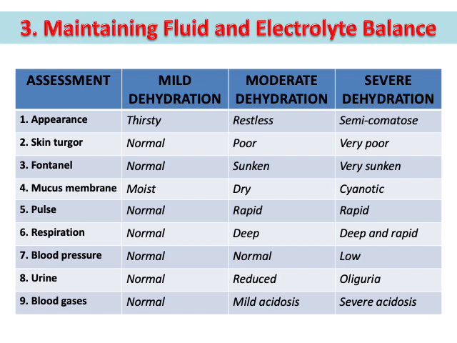Another thing to consider is checking for any signs of dehydration. So please try to study this table whether a child is developing signs of mild, moderate, or severe dehydration.